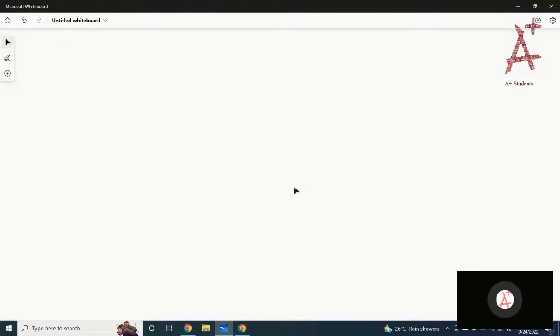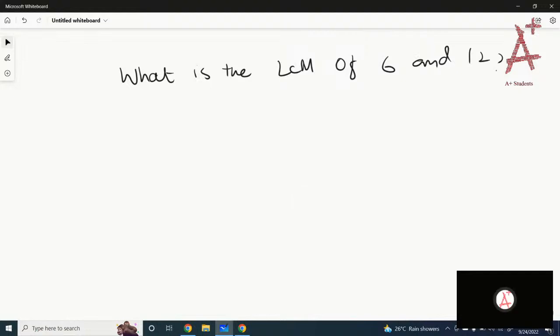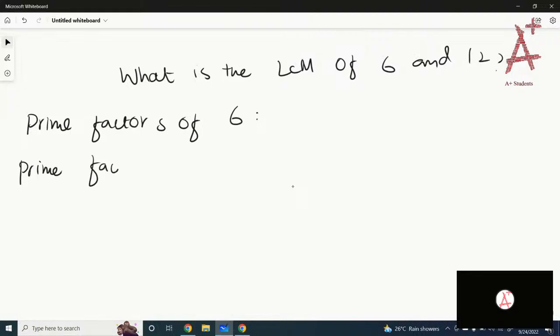Okay, the first one is: what is the LCM of 6 and 12? We have to write the prime factors of every number. The prime factors of 6 are 2 times 3, and the prime factors of 12 are 2 times 2 times 3. Got it?